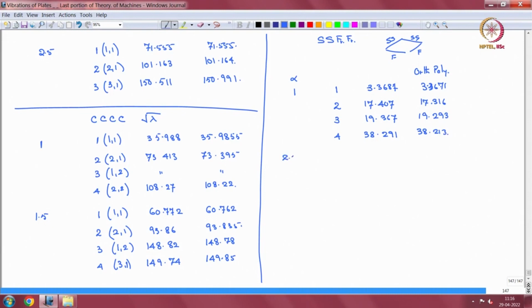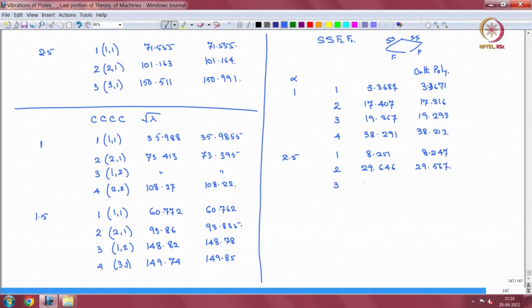And for alpha of 2.5, first is 8.251, 8.247. Second is 29.646, and this is 29.567.